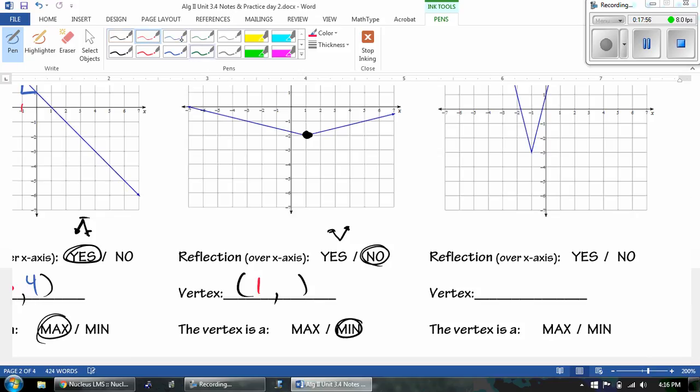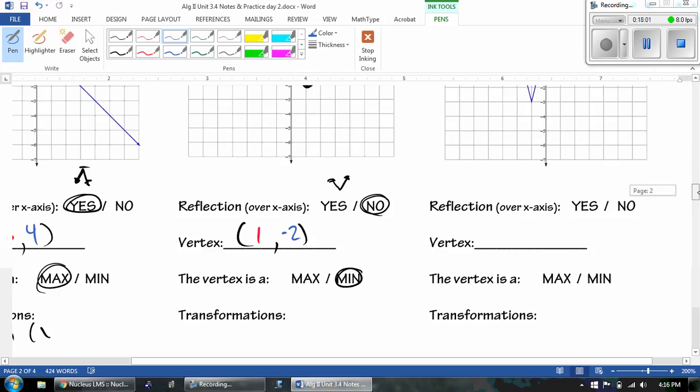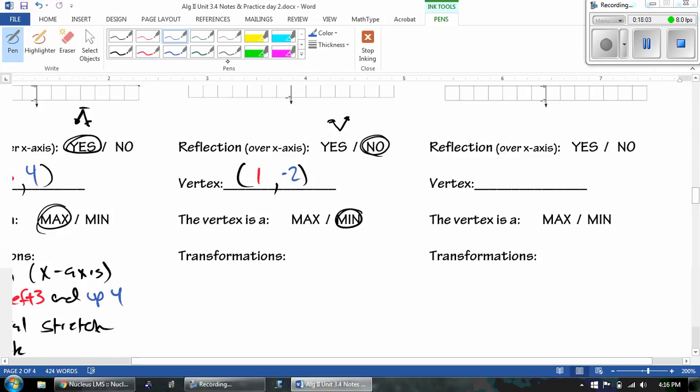Yeah, we went right 1, and then we went down 2, okay? So there's no reflection. This was shifted right 1 and down 2.